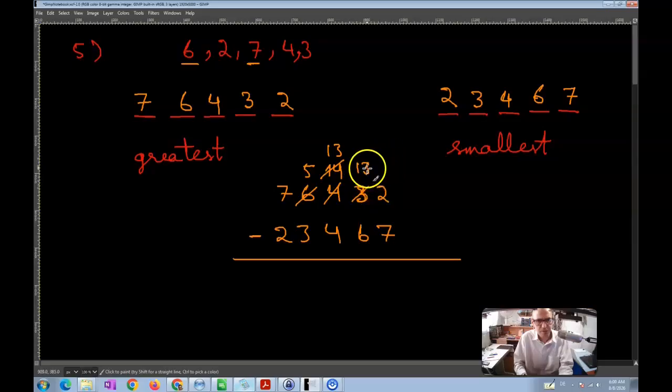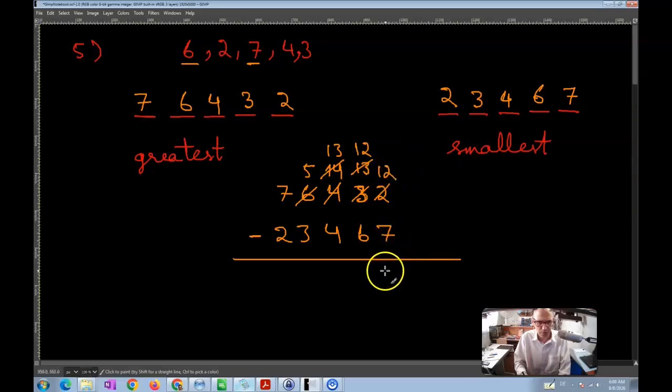Then I borrow 1 from here, this becomes a 12, and the 1 that comes over here becomes a 10, so 10 plus a 2 is a 12. I could have borrowed in 2-3 steps, but this way it's easier now. I can just do the calculation in one step.